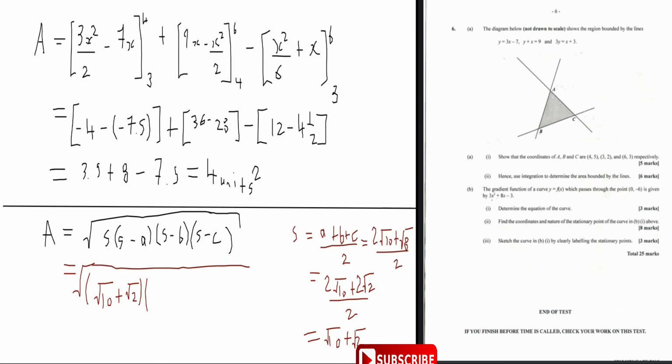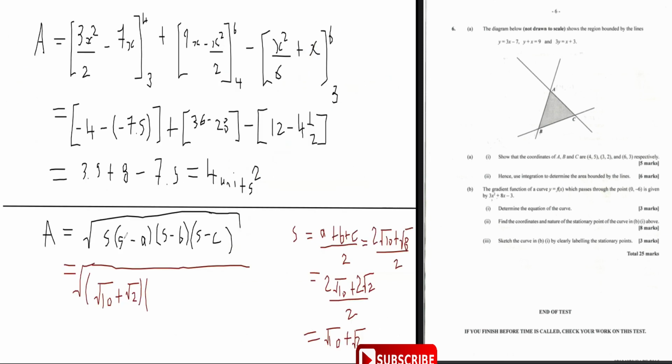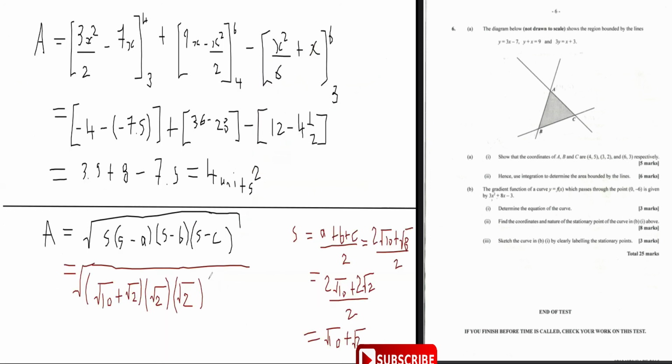Remember, A was root 10; the distance AB we call that A. So it just leaves you with root 2 for S minus A. S minus B also just leaves you with root 2 because B was root 10. And then S minus C, we'll call C this distance, which was root 8. And so this works out to be root 10 plus root 2 minus root 8.